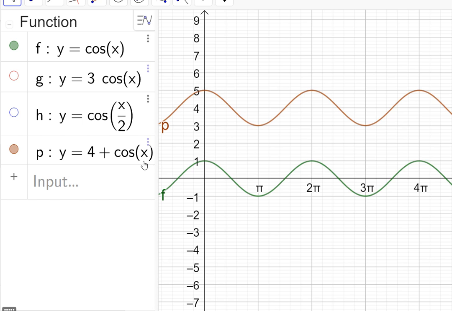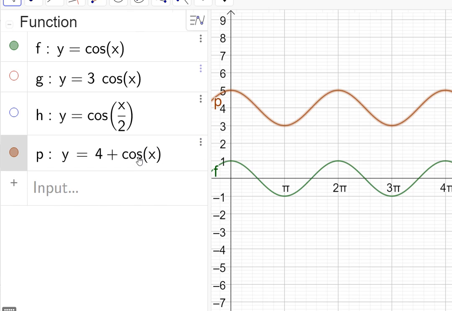Now, finally, we're just going to combine this so that we have a bit of a look. We'll multiply x by 2 because it's easier to see on our graph. So what have we done now? We've added 4 to every y output and we've multiplied x by 2. So what effect is that going to have?